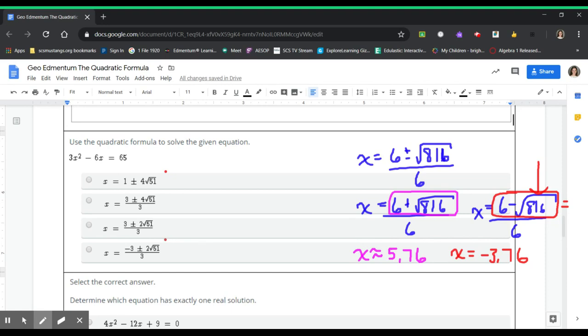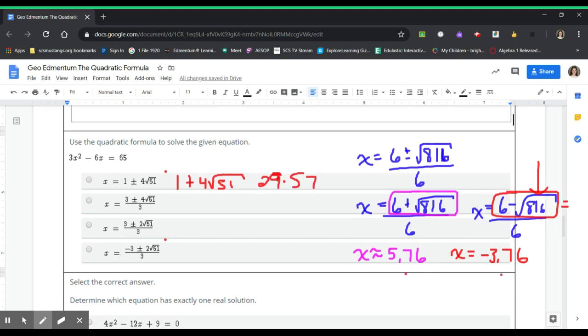I feel like that's going to be a lot quicker. So if we do this, I'm going to put in 1 plus 4 times the square root of 51, and that gives me a decimal of 29.57 if I round it.